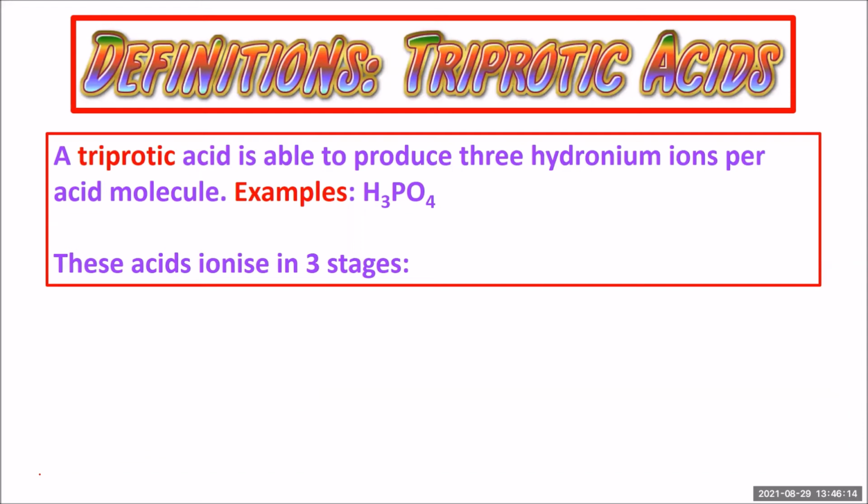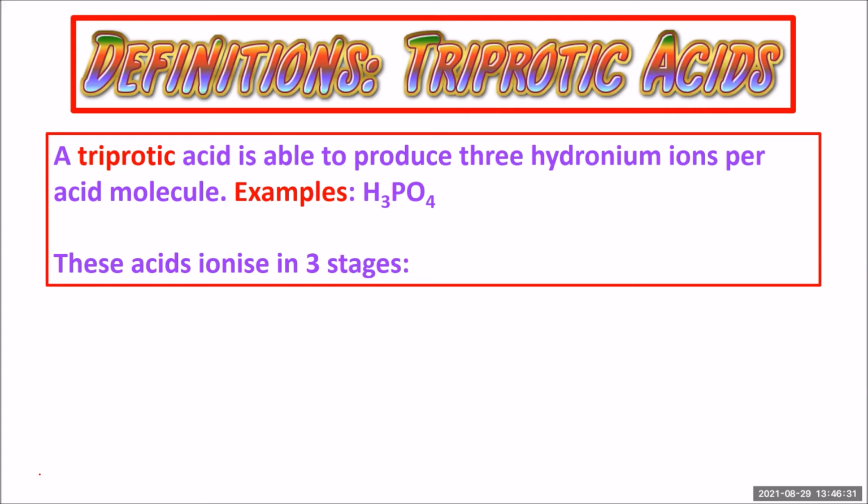So let's look at those triprotic acids now. A triprotic acid is able to produce 3 hydronium ions per acid molecule. And your example here is always phosphoric acid. And that is going to ionize in 3 stages.